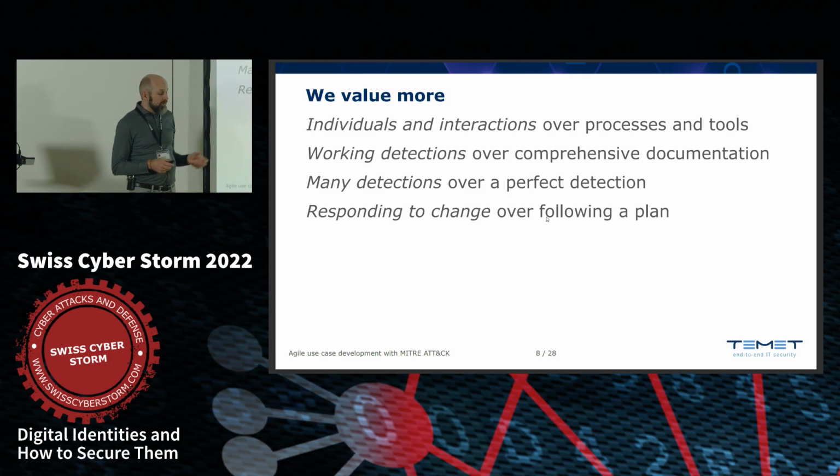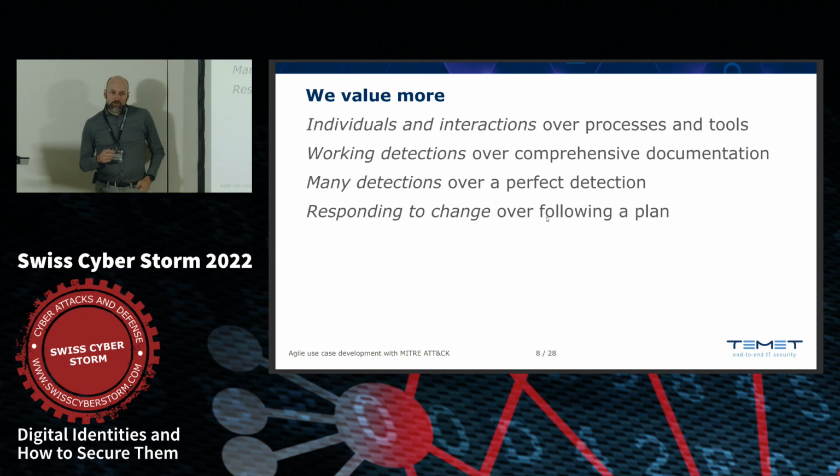And the third one is a very special one for the use case development process and has nothing to do with software development. But for me, it's one of the important things as well, where you say we value many detections more than a perfect detection. Because I also see oftentimes that companies are struggling with certain detections and they put a lot of effort into this one single detection to make it work.